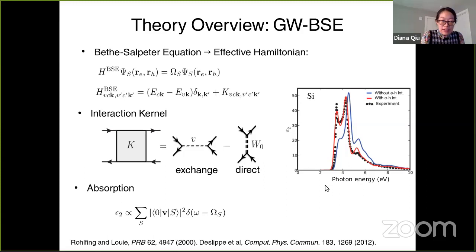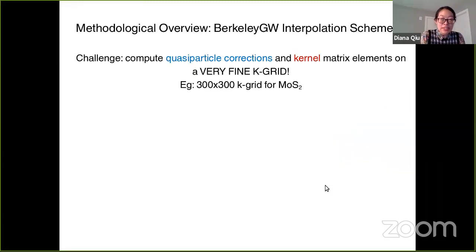So when solving the BSE, there's one major technical issue, which is that the quasi-particle corrections and the kernel matrix elements need to be calculated on an extremely fine k-point grid. For instance, you need 300 by 300 k-points to converge MoS2.